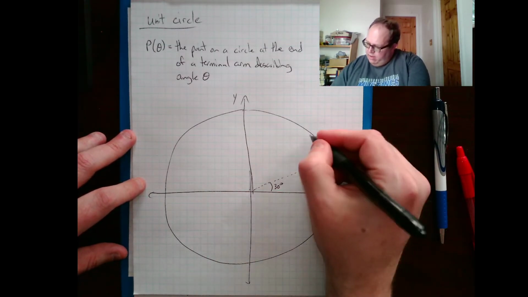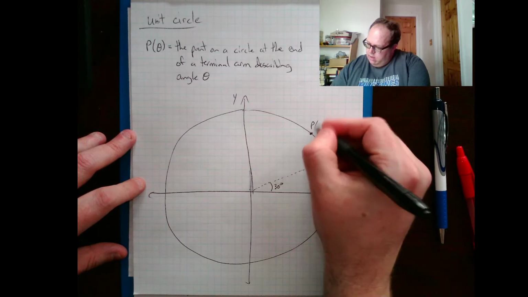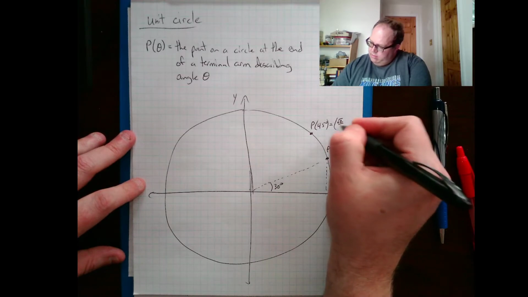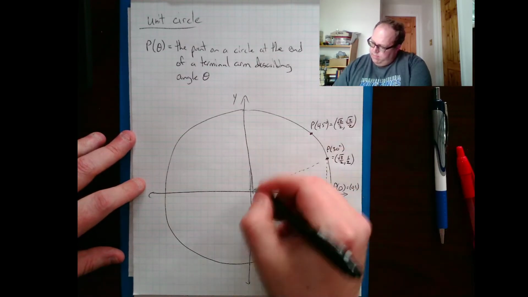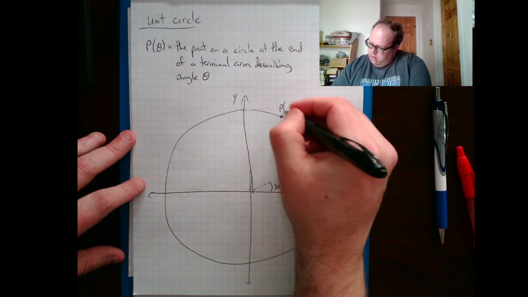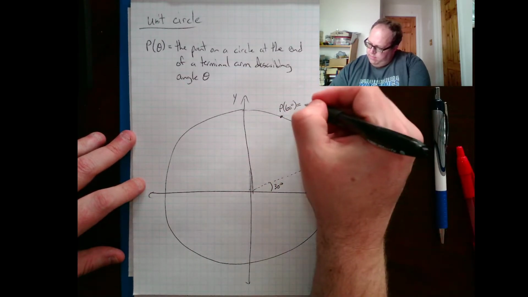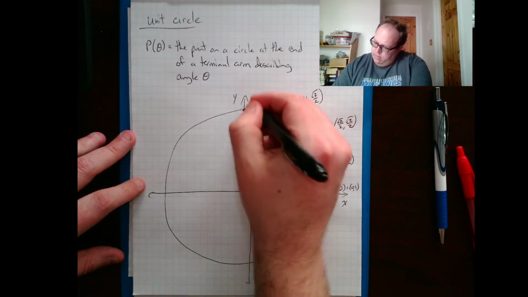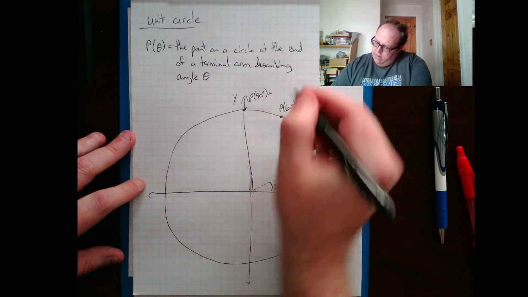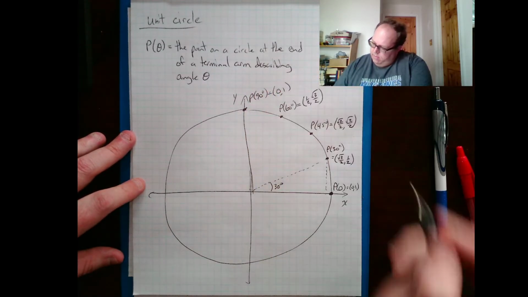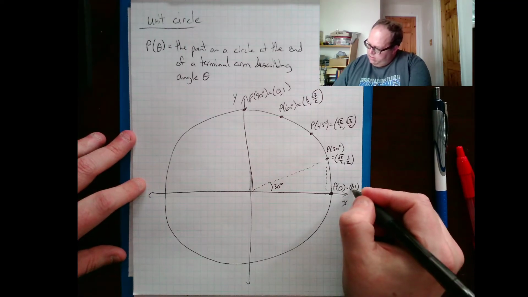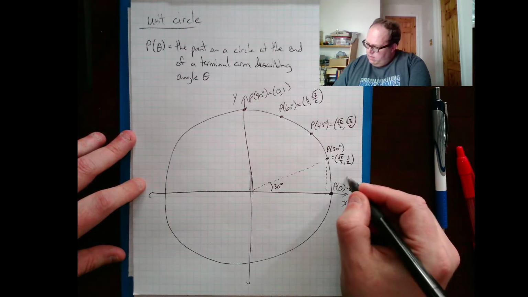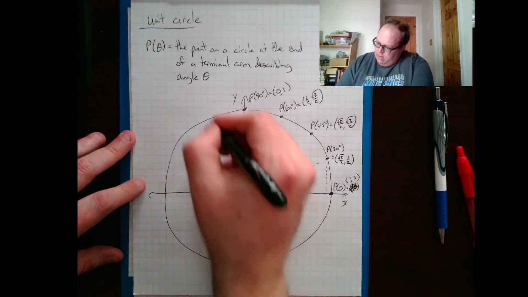I'm not going to try to draw in all the triangles, but you'll start to see I'm following a pattern as I do this. Oh, just realized I did P0 wrong. It's 1 and 0.